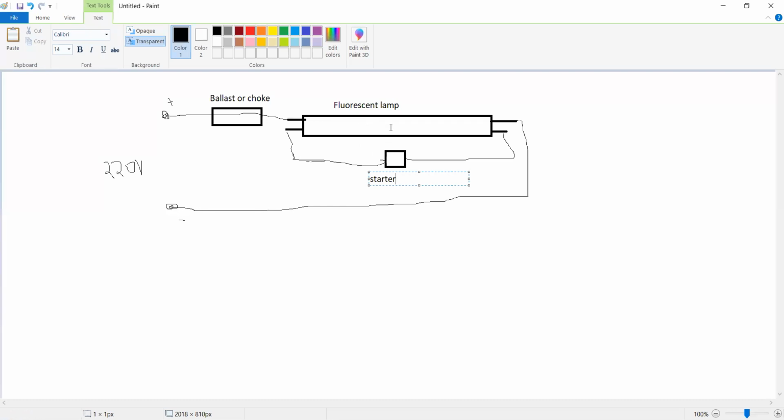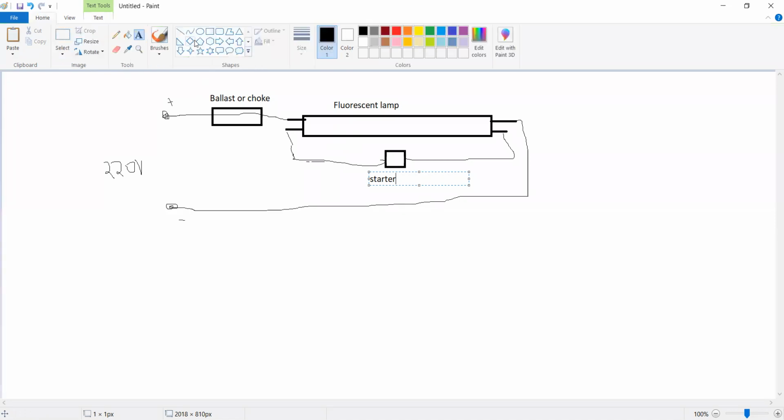But when we are doing an experiment on this, we need to measure certain quantities. So we need to put some measuring instruments here. We are required to put three types of measuring instruments. To measure the voltage, we require a voltmeter. To measure the current, we require an ammeter, and to measure the power, we require a wattmeter.